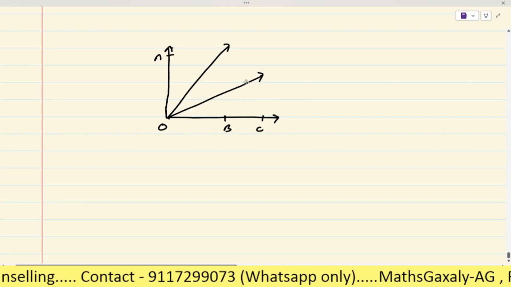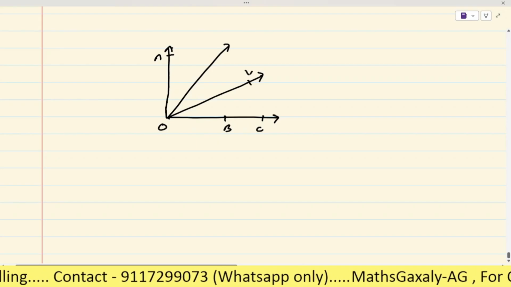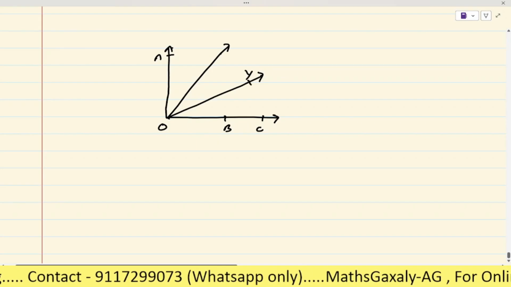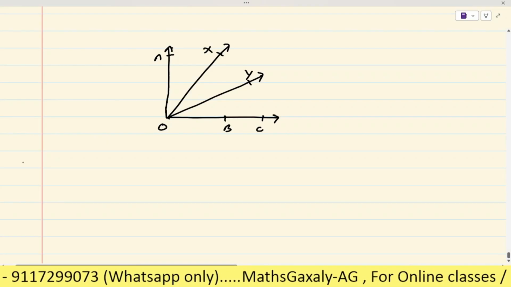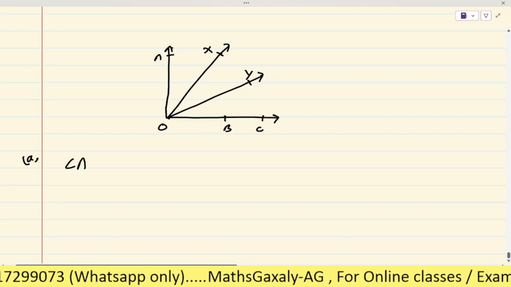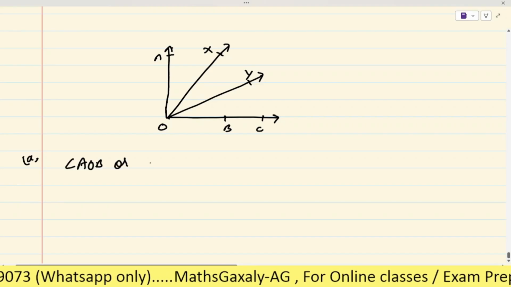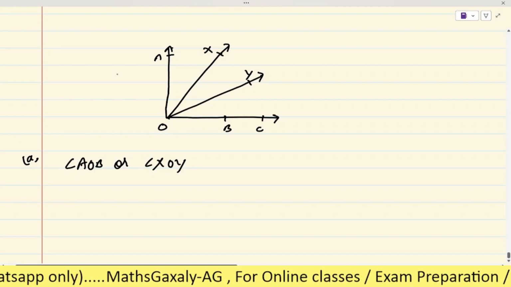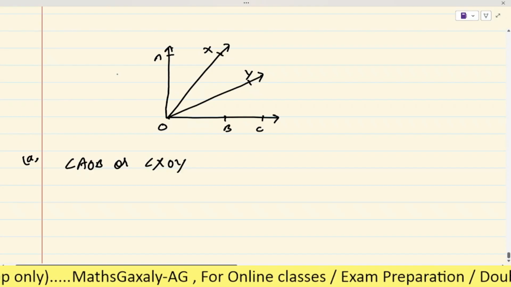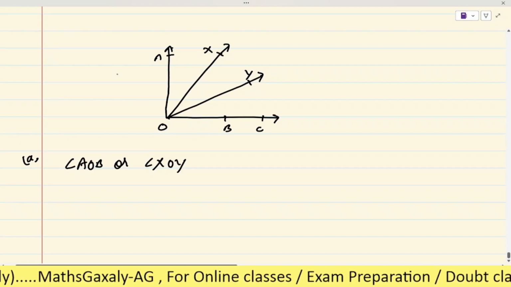Here it's B. It's Y, and here it's X. Okay. So the first question is angle AOB or angle XOY. So you have to check which one is greater and why. Can you please tell me which one is greater, AOB or XOY?